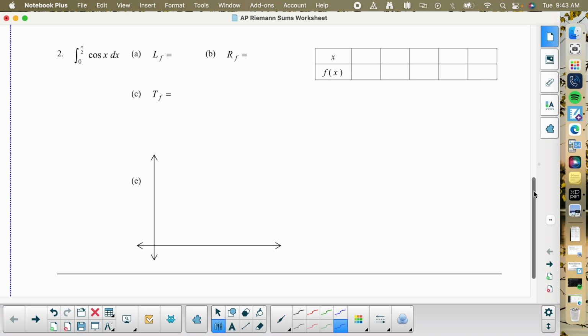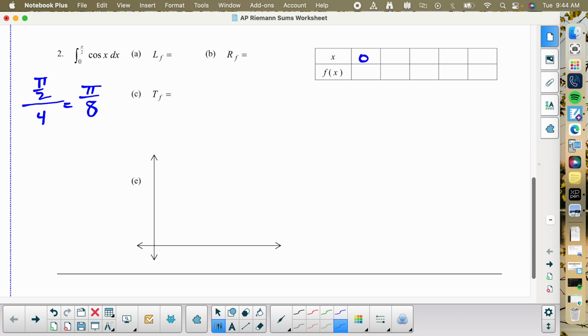So this one is an entire width of pi halves, because we're going 0 to pi halves. And we're still splitting it up into 4 sections. So we need to take pi halves and divide it by 4, gives you pi eighths. So our first number should be 0. What would be the second number?